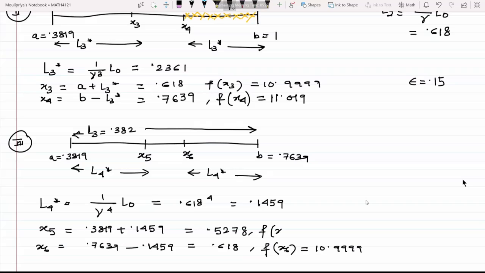What about f of X5? How much is it? So f of X5 being more than f of X6, we would be eliminating this region.